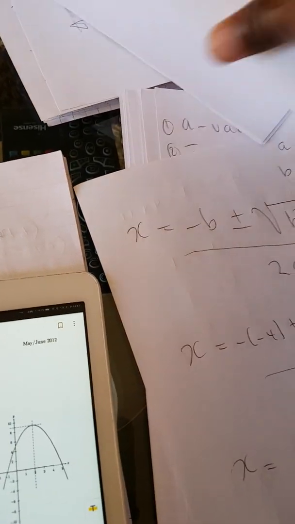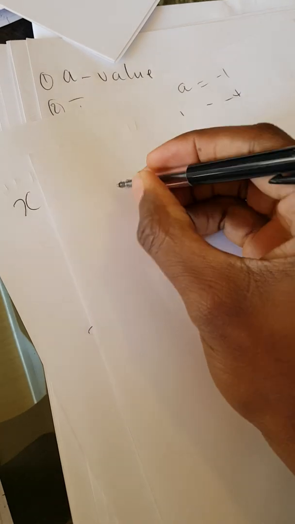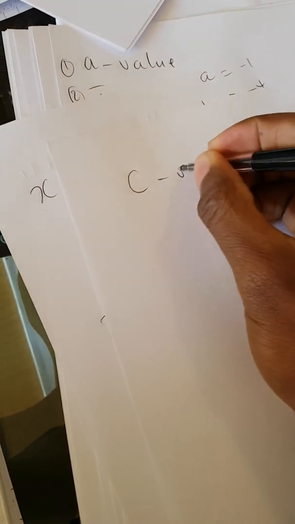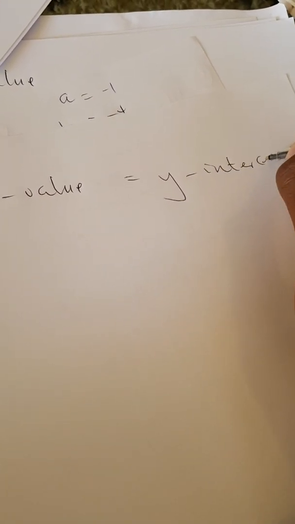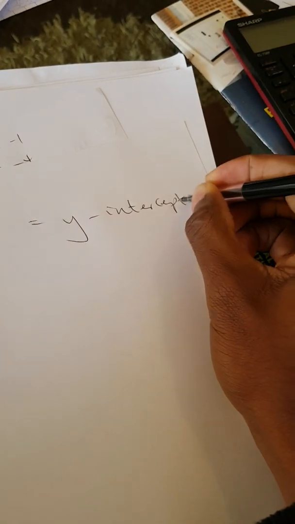Let me find another copy here. So the c value refers to the y-intercept.